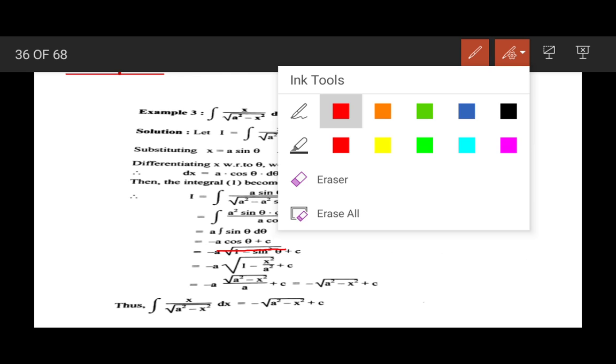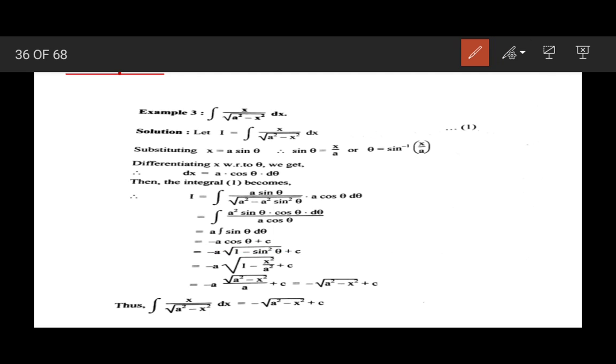Okay, now this cos theta, I am writing as root of 1 minus sin square theta. So minus a under root of 1 minus sin square theta.